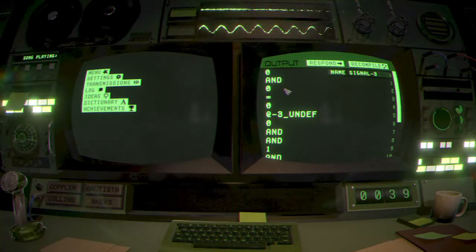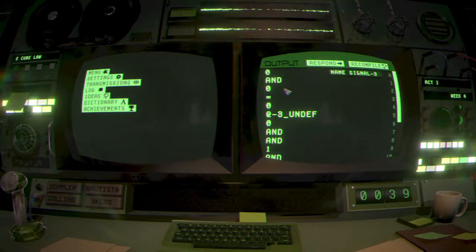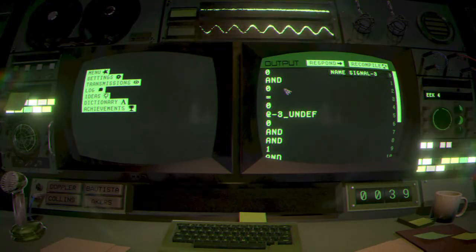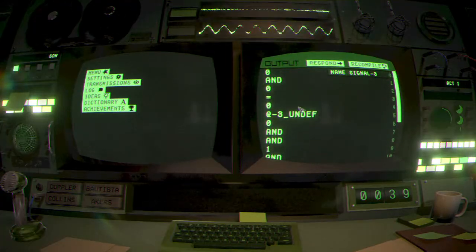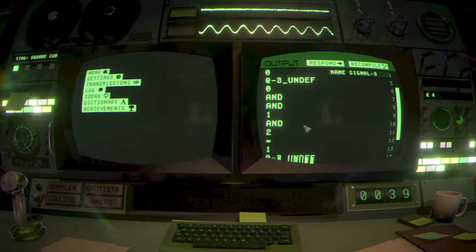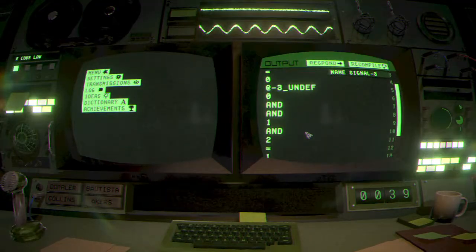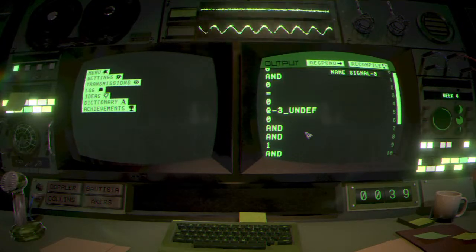0 and 0 equals 0, undefined 0. 1 and 1, no. 1 and 2 equals 1. Wait, no, I'm not reading that right.